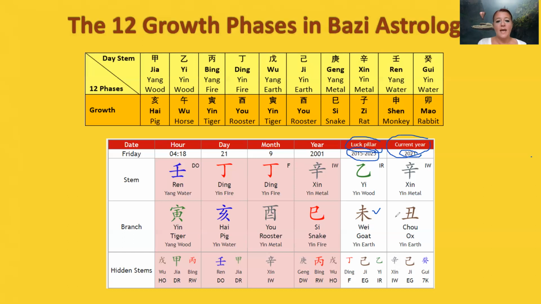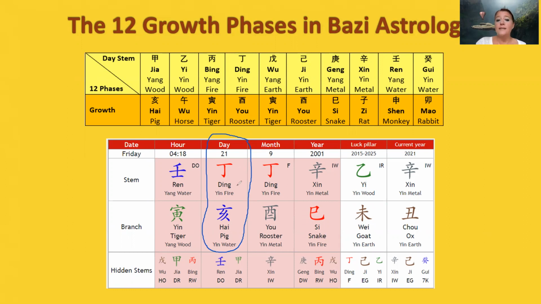Now, there's one more thing that is of note. You need to look at the day pillar itself. Once you've checked where you have the growth phase in your chart, if you have it, then you also check what this entire pillar actually looks like.